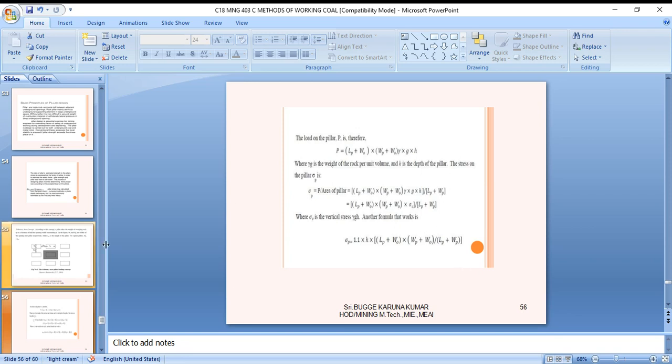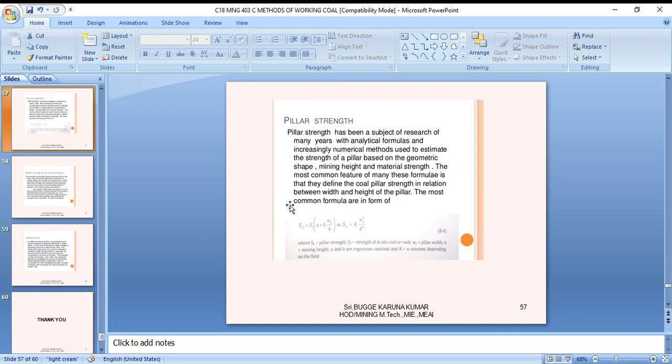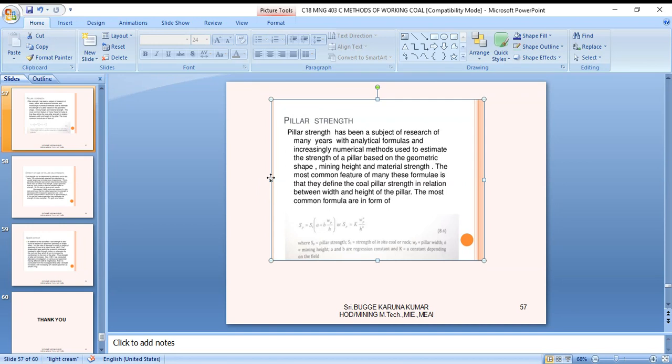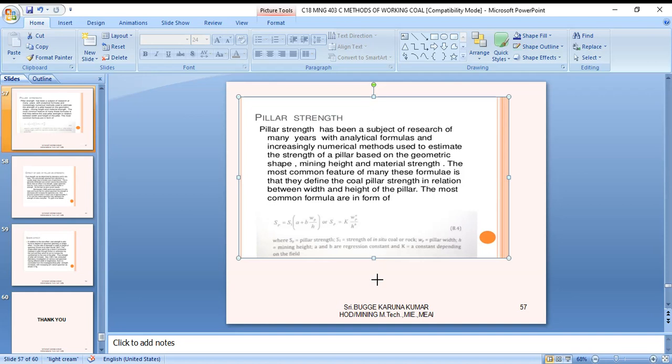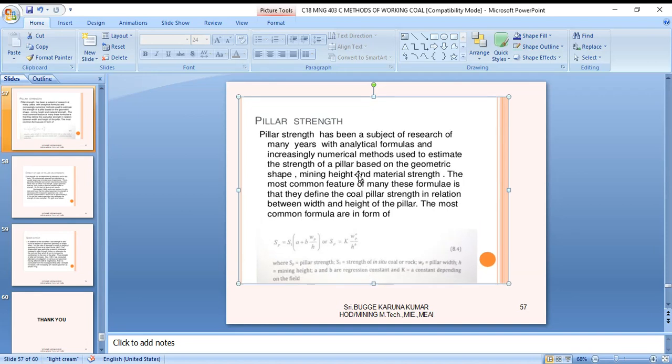Another formula that works is the Salamon equation. This is a standardized formula. The pillar strength can be calculated by the Salamon equation, which gives the actual pillar strength. Pillar strength has been the subject of research through analytical formulas and increasingly numerical methods, for estimation of the strength of the pillar based on the geometric shape, mining height, and material strength.